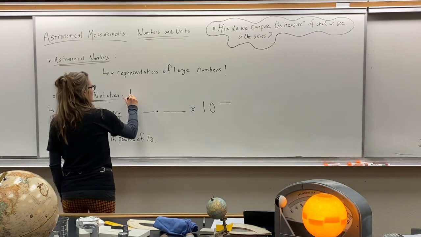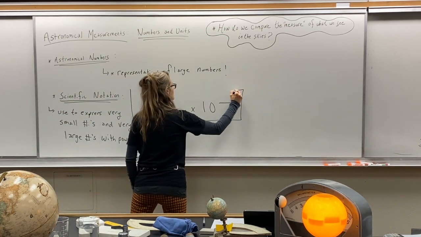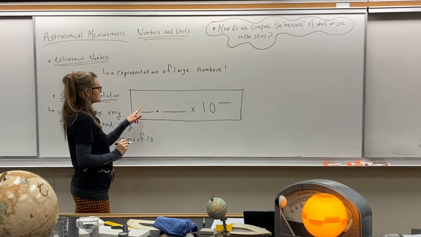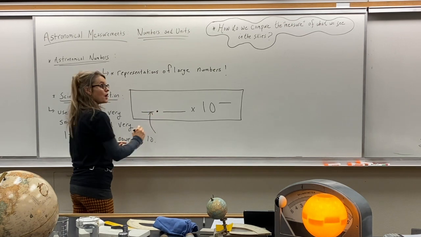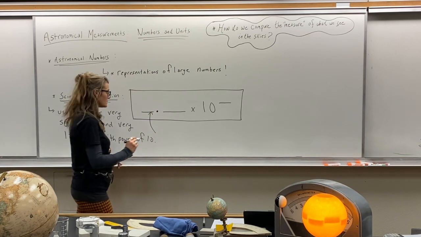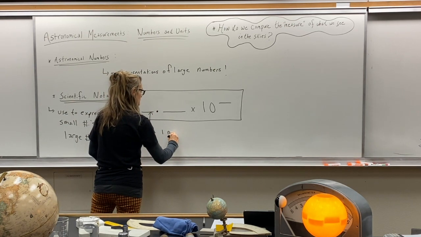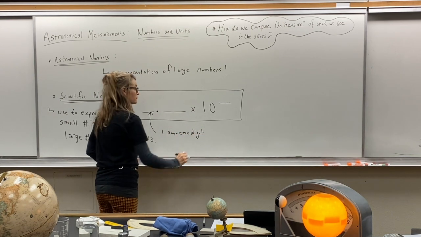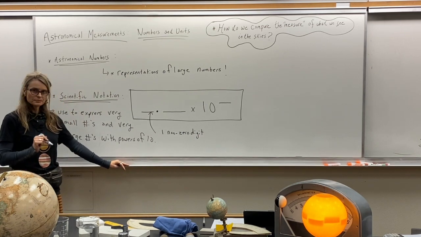So we're going to have a little template for scientific notation, and it's very important that you're able to read these numbers. So what happens is we put one non-zero digit in front of the decimal, okay?